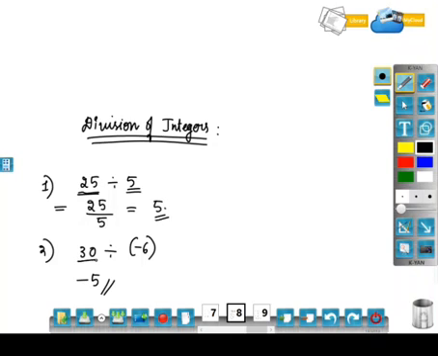Similarly, when you take one positive number and another negative number, the answer will be negative. Like in multiplication, if you multiply the same signs, the answer is positive; if you multiply different signs, the answer is negative. The same rule we are applying here. If the signs are the same, on dividing, the answer will be positive. If the signs are different, on dividing, your answer will be negative.